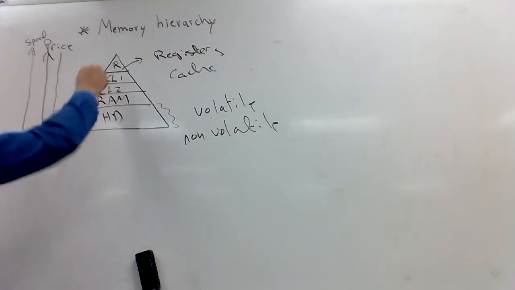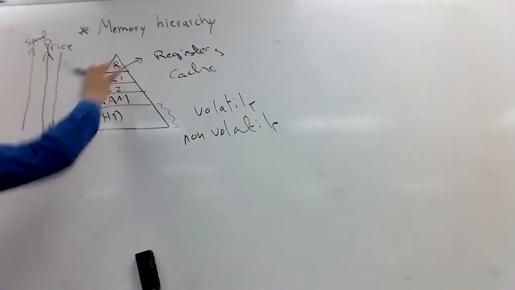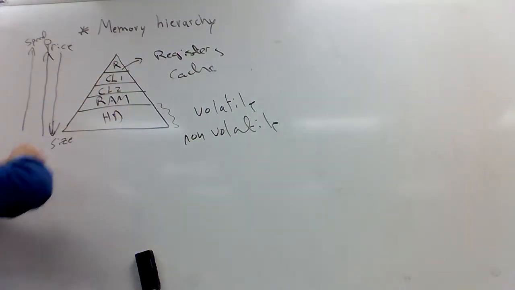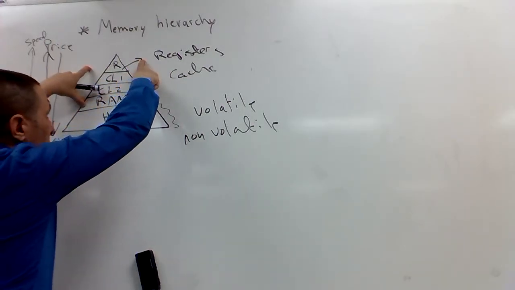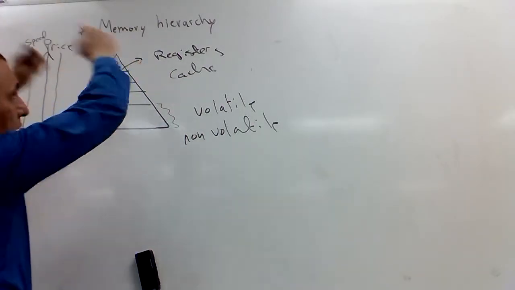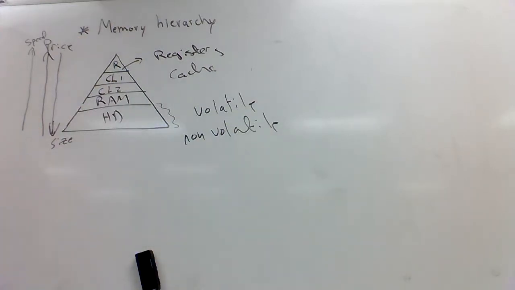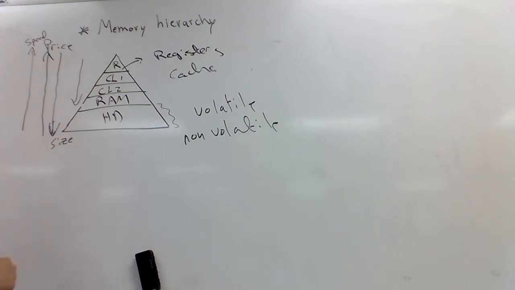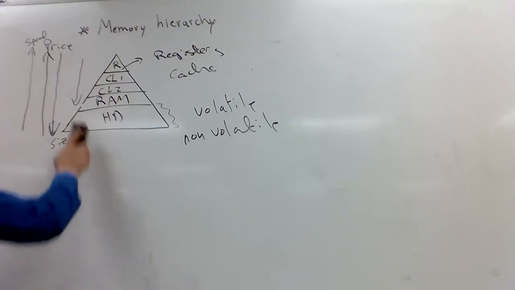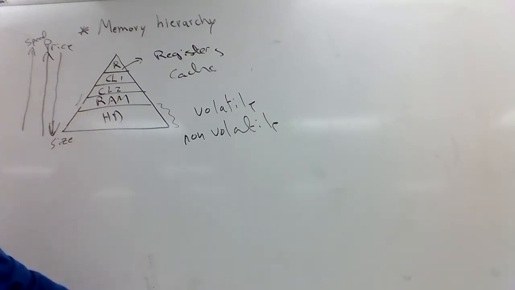If I have power, this memory will maintain its data. When you turn the power off, when you take the plug off of a computer, all this will be gone. Any data on this memory will be gone. Those are the registers, cache, and RAM. This is the type of memory.